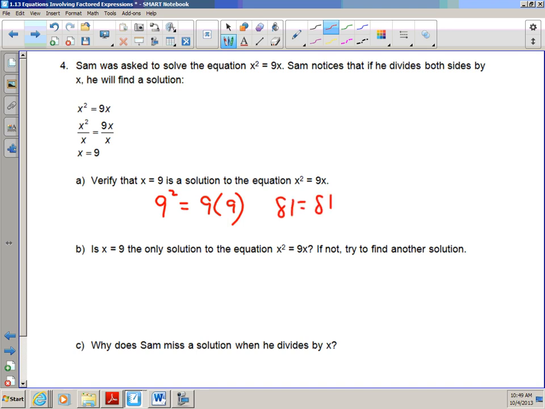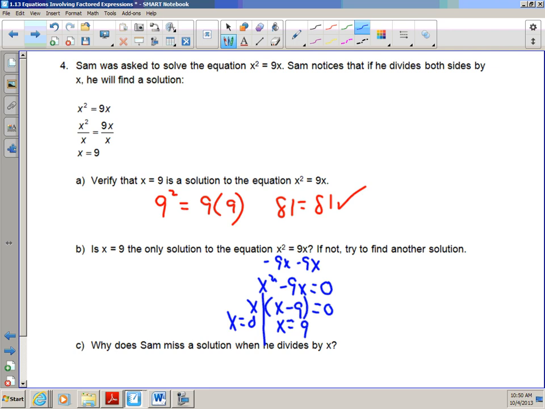Well, yes, 9 is a valid solution. But we said earlier that if the variable has an exponent of 2, we are expecting 2 solutions. Well, as we did in number 3 in the do now, we would subtract 9x from both sides to set it equal to 0, factor using the GCF, and now we see that we have 2 solutions.